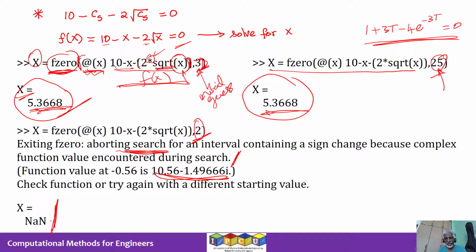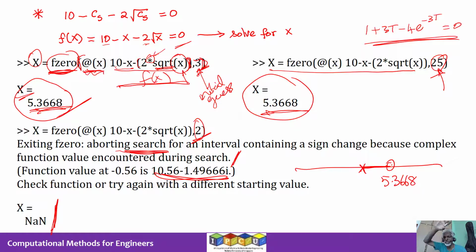And sometimes, see the root here, right? This is the root, 5.3668 is the root. Now if your initial guess is 3, it reached the root. So this initial guess is within the domain of attraction of the root. So it's like planets and things like that, right?